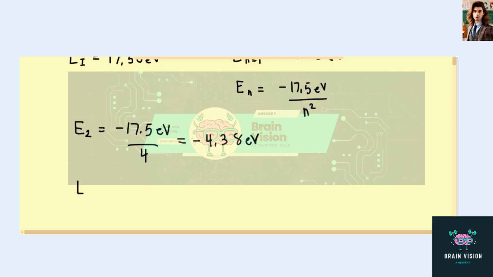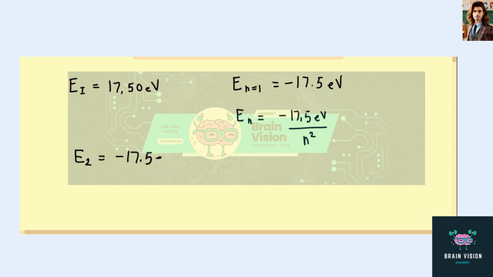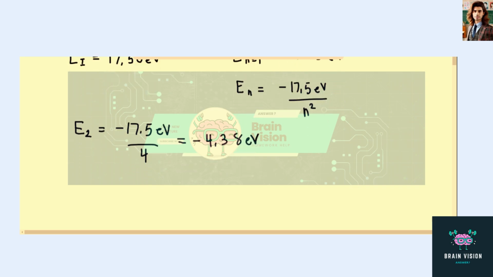So the energy of the second state will be negative 17.5 divided by 4, and that will give us about negative 4.38 eV. And then so on and so forth.